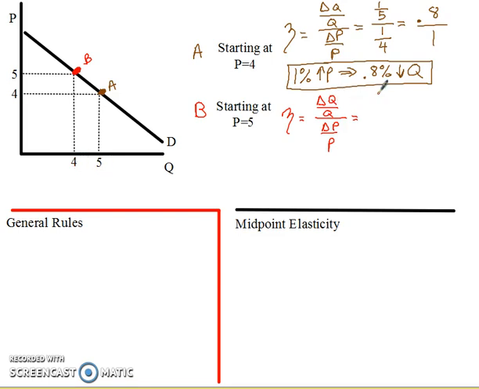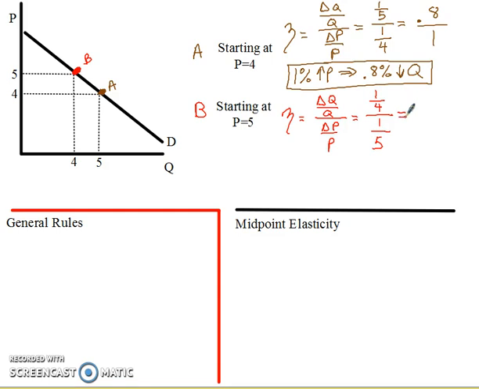So my change in quantity is 1, and my starting quantity at point B is 4. So I've got 1 divided by 4. All divided by, okay, now let's do the change in the price. The price goes from $5 down to $4. So the price decreased by 1. Remember, we ignore the negatives. And the original price was 5. It went from 5 to 4, so the starting price was 5.